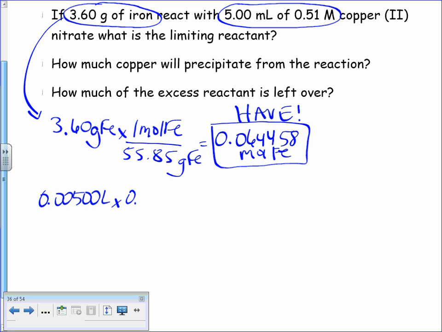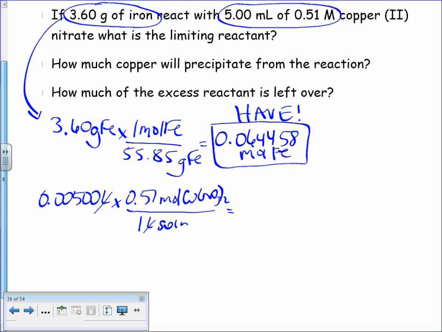So times 0.51 what? Moles of copper 2 nitrate over 1 liter solution, right? So this big M again means moles per liter solution. So the liters and liters cancel. So now I've got moles of copper 2 nitrate. What is that?